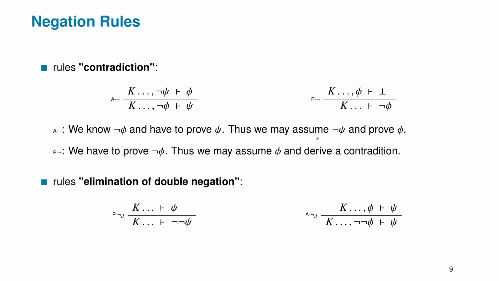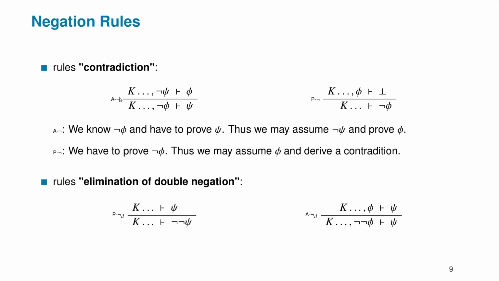Then we could also assume not psi and prove phi. So we move the psi to the other side by negating it, and the same we do for the phi, and have it here now on the right hand side.